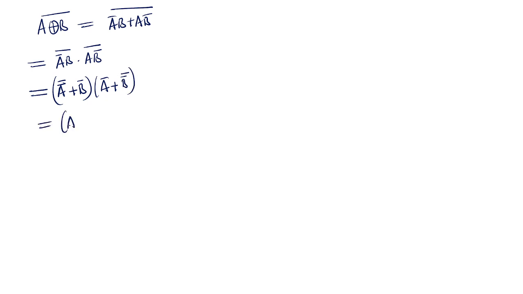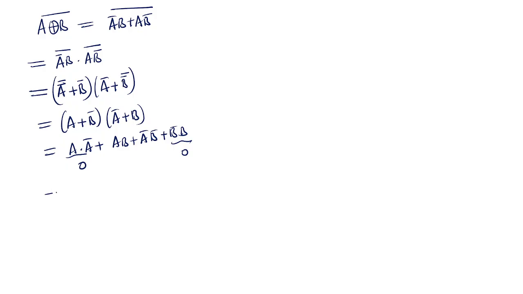So you will get (A or B bar) and (A bar plus B). This you can write as A and A bar plus A B plus A bar B bar plus B bar B. Anyway, this is 0, this is 0. This is equal to A bar B bar plus A B. So this is A XNOR B. So I implemented all the gates with this one, no?